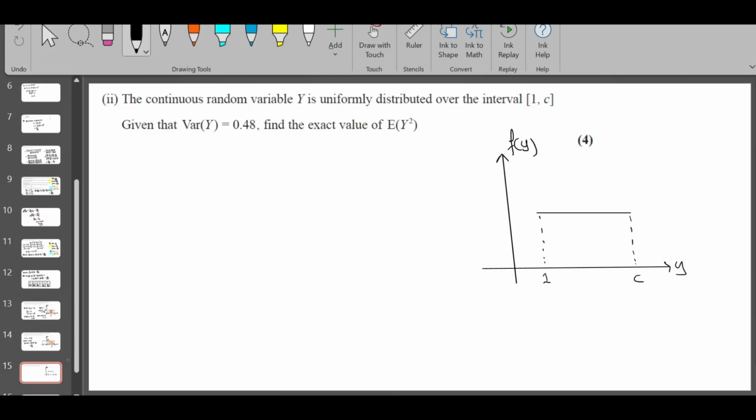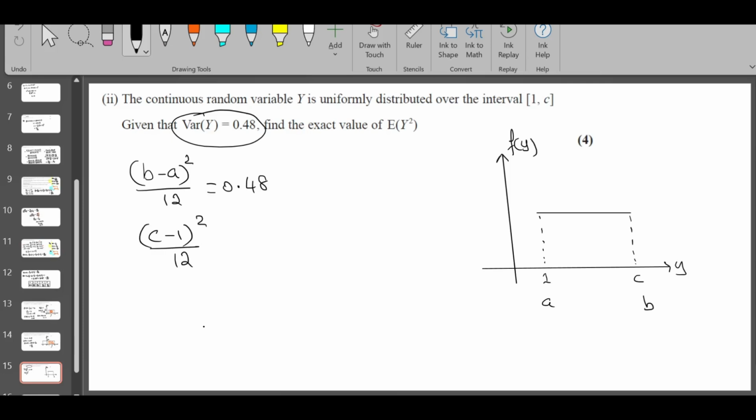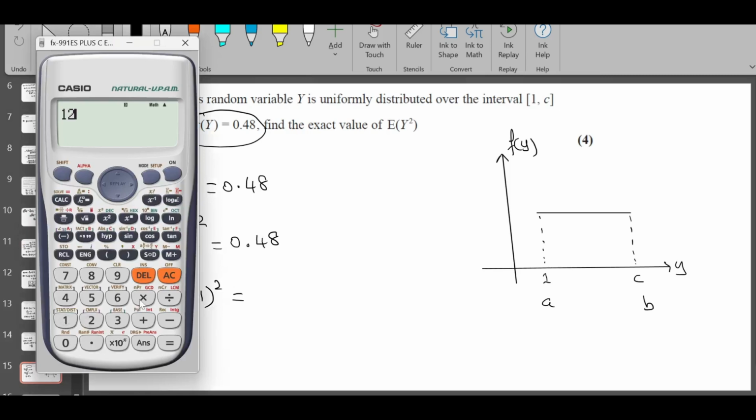1 to c. Variance of y is this. The formula to find the variance of y is b minus a whole square over 12 is 0.48. This is a, this is b. So it's c minus 1 whole square over 12 is 0.48. c minus 1 whole square is 12 times 0.48.